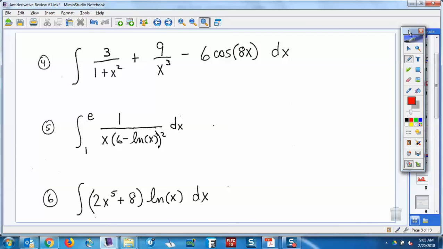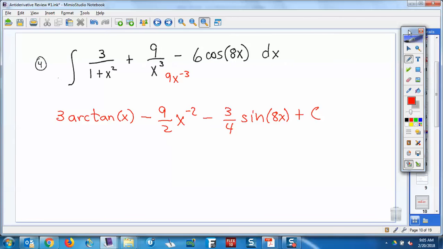Let's check number 4. Now I'll give you a little more work done. Okay? Here's number 4. So the first one is just a straight arc tangent with a 3 out in front, right? That 3 can just come out. Remember, because you can think of this as 3 separate integrals, right? We can just separate this into 3 separate integrals. So in the first integral, pull out a 3, we get an arc tangent.